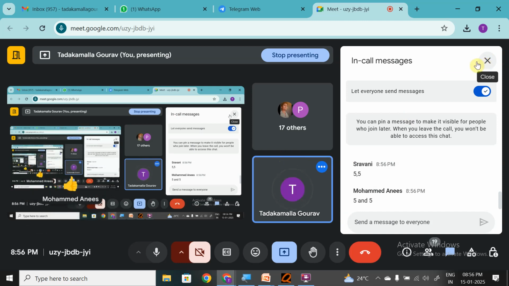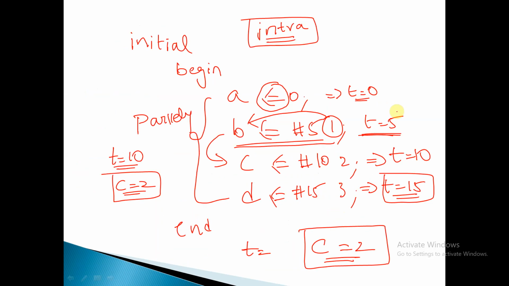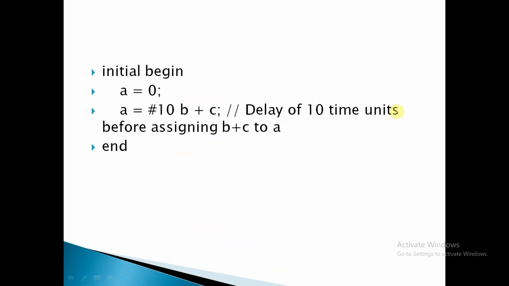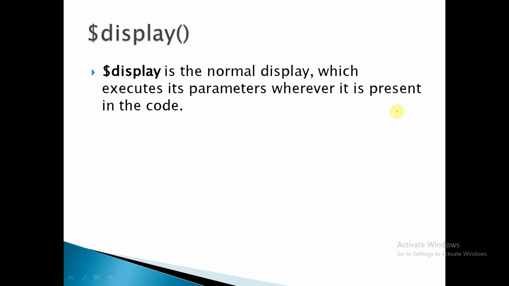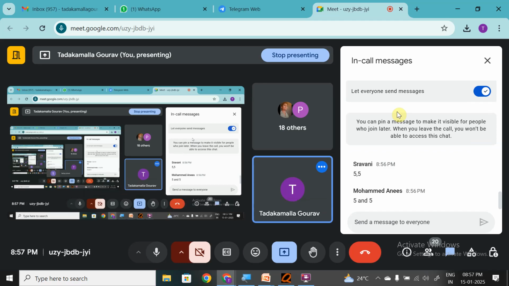So this was about blocking assignments and non-blocking assignments with inter-assignment delay and intra-assignment delays. Is there any doubt up to here? Can we move forward?